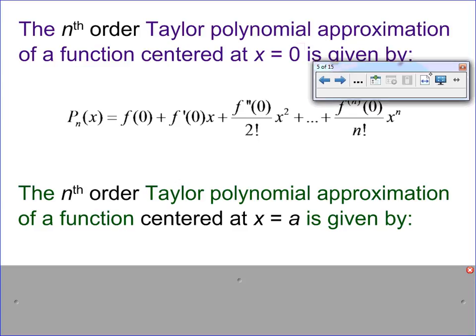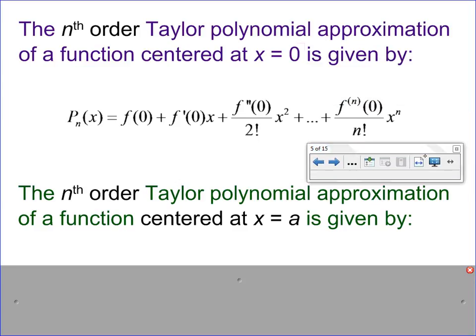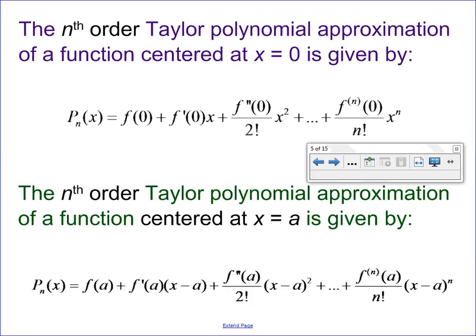It turns out that we don't have to center our Taylor polynomial at x equals 0. We could center it at any x value, at x equals 2, or at x equals -3/2, in which case we'll follow the same exact process. It's just that we'll evaluate our derivatives not at x equals 0, but at x equals a. So we need the function value at x equals a, the first derivative, second derivative, third derivative, and so on, evaluated at x equals a.